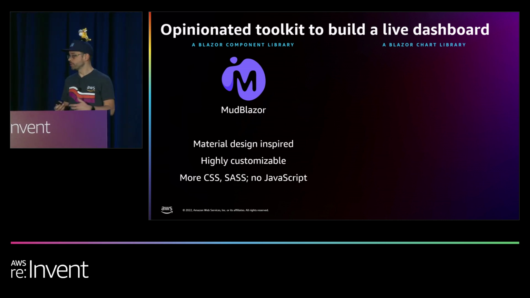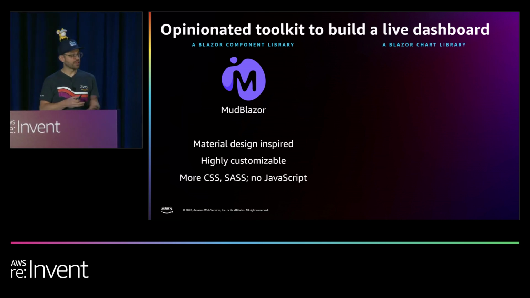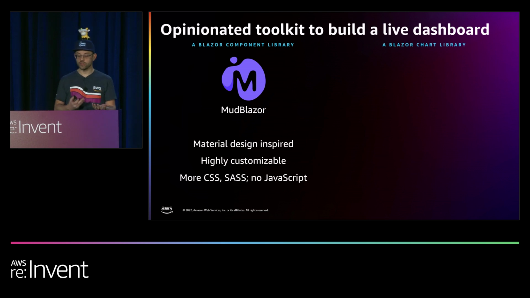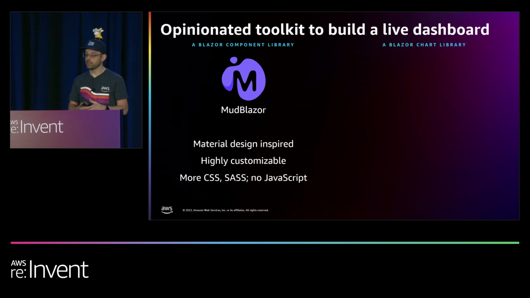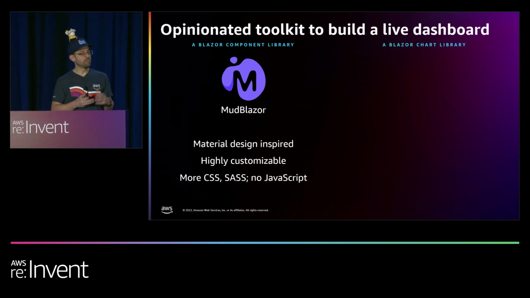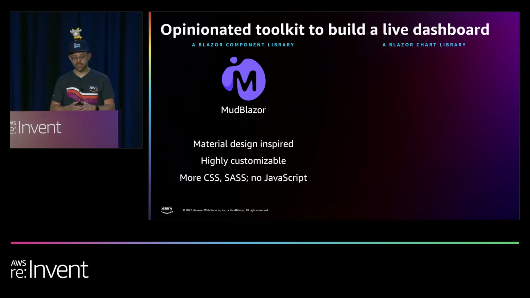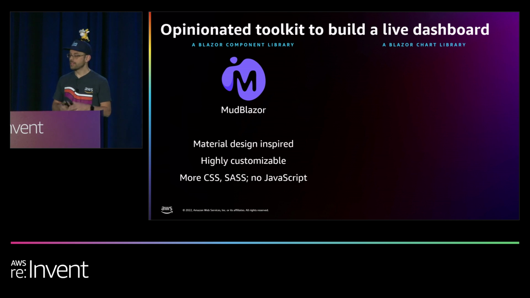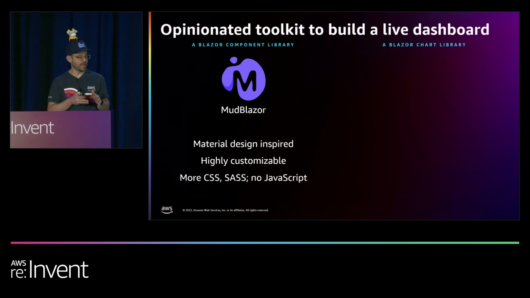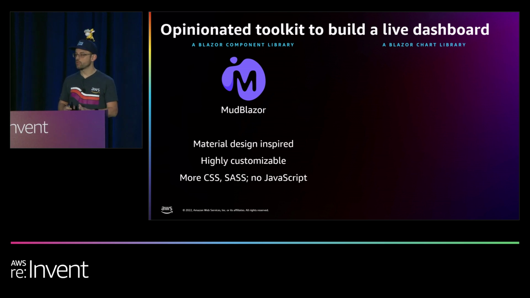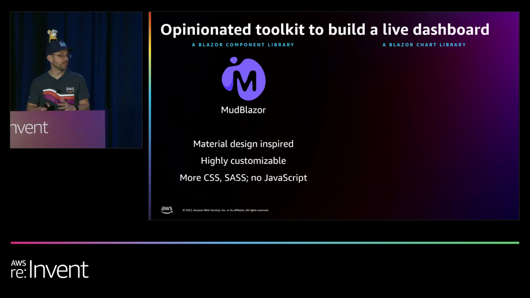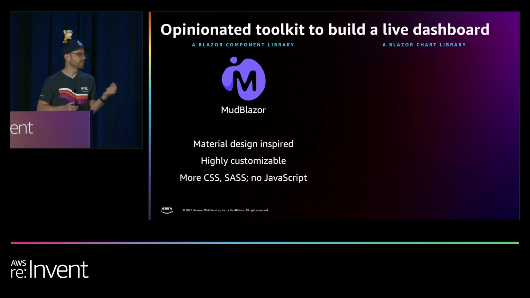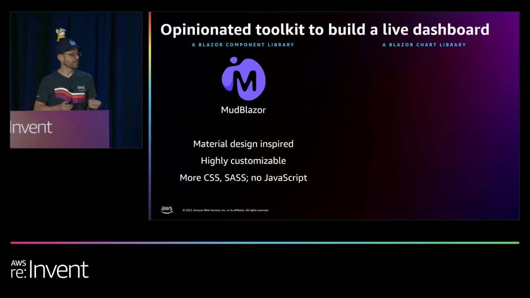So that's our choice. And when it comes to Blazor, there are a couple of Blazor component libraries that are inspired by material design, but the most popular is certainly MudBlazor. It is highly customizable, and they chose to use only CSS and SASS and no JavaScript to minimize the JavaScript interop, because you have a penalty when you use too much JavaScript interop.